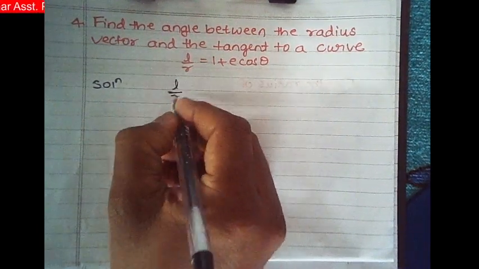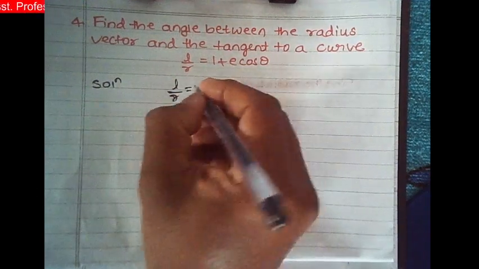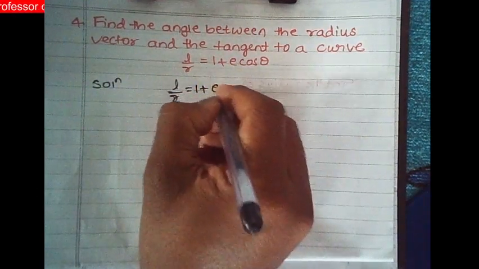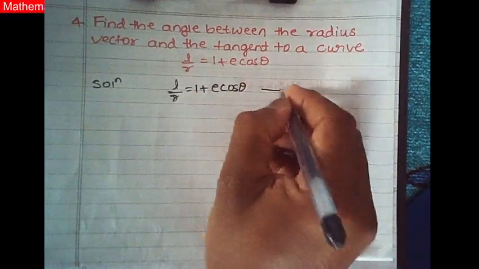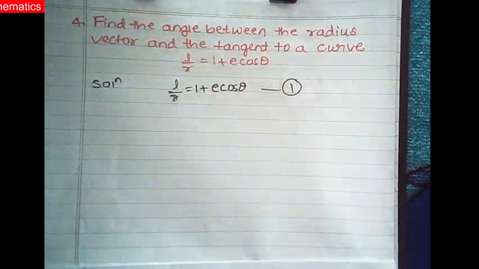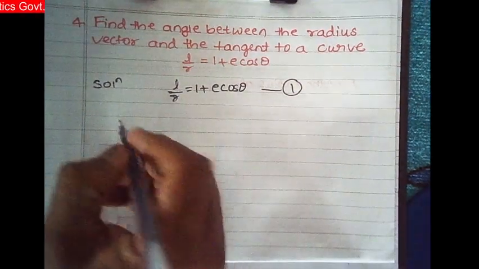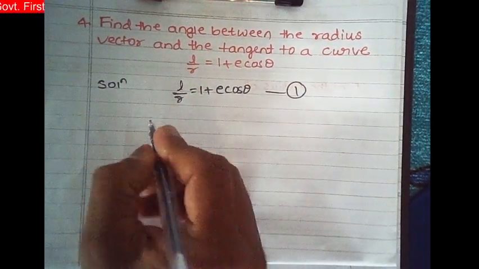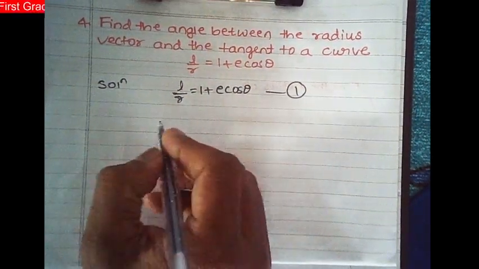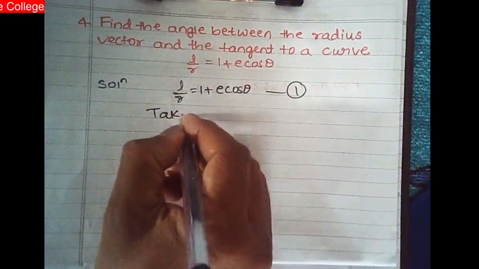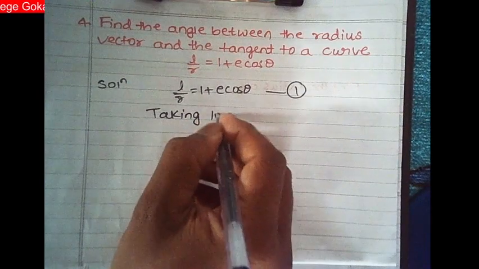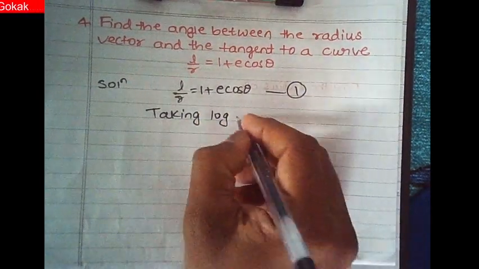So first write the given equation as l/r = 1 + e cos theta. Now call this equation 1. Now to find phi, take log on both sides.